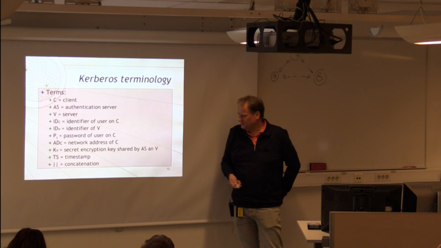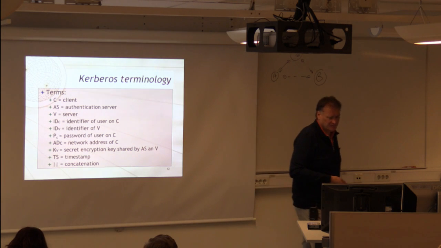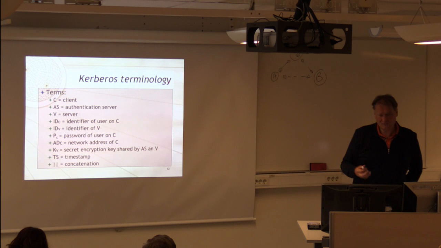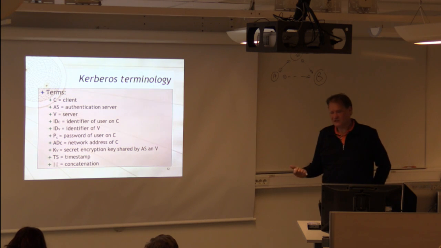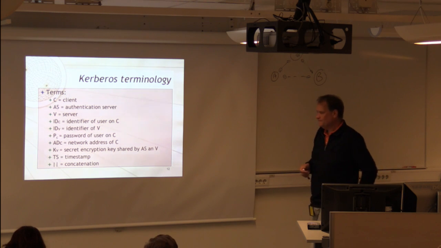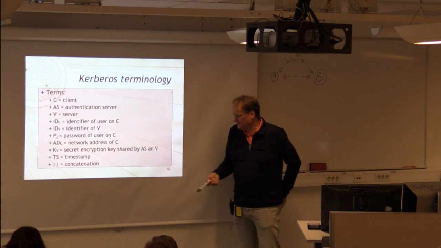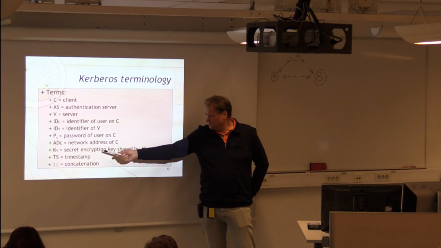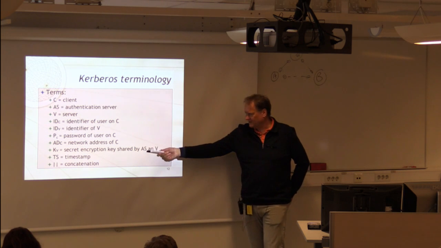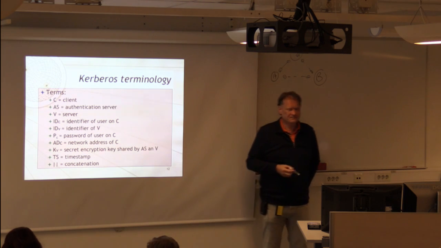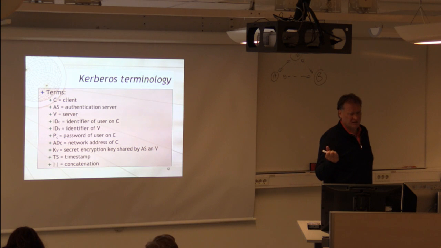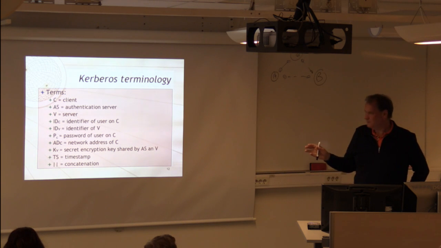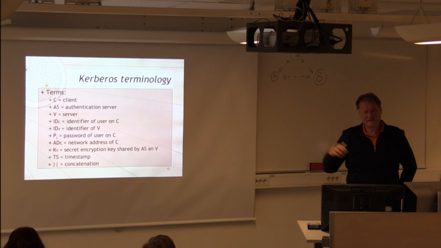Then we have a key, a secret key, and that is actually an encryption key. So for the secret value we use an encryption key. That is also our way to authenticate, by knowing that secret value. And there are actually several, but we start with this one. K V is an encryption key shared by the authentication server and V. So this means that before now we have set up a situation where all the different servers already have a connection with the authentication server.